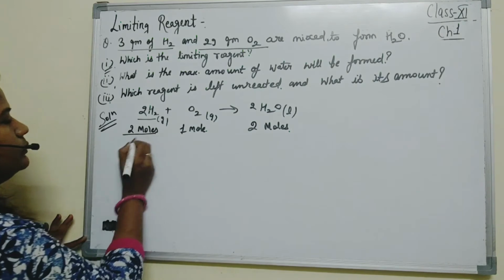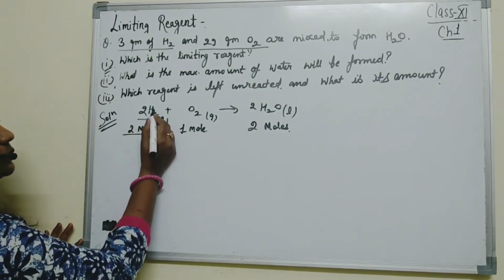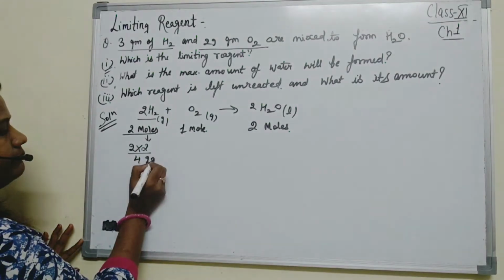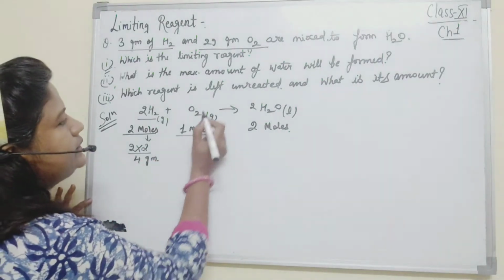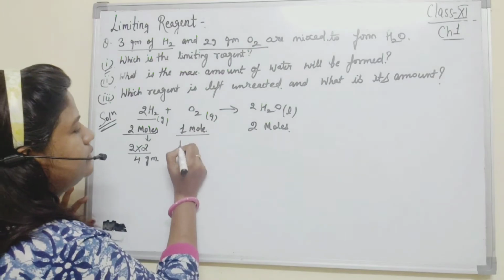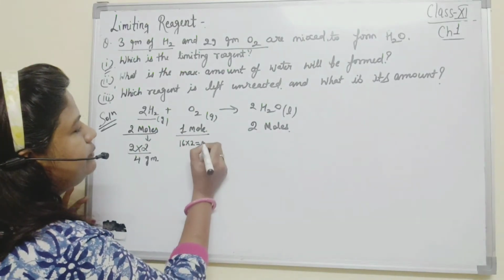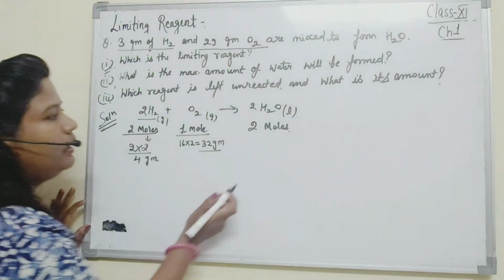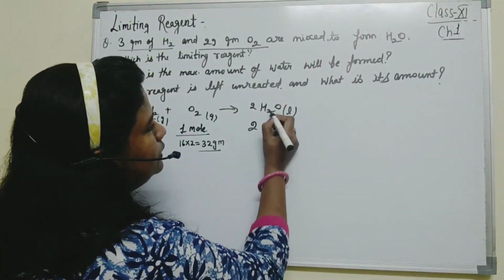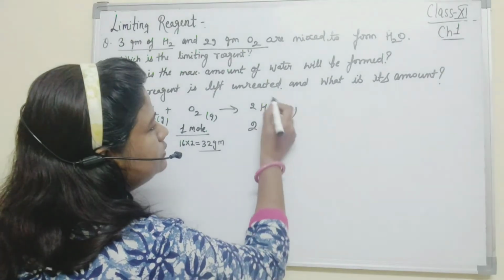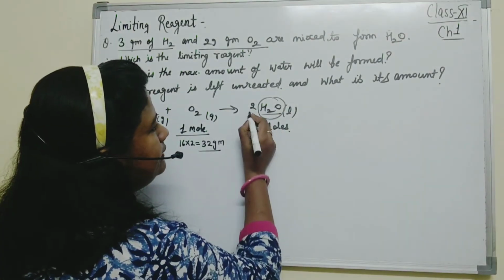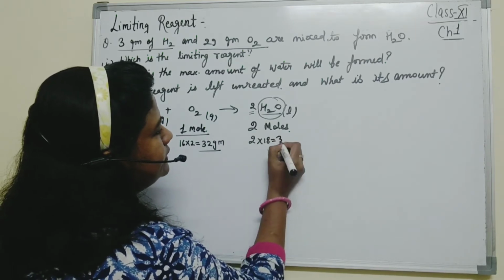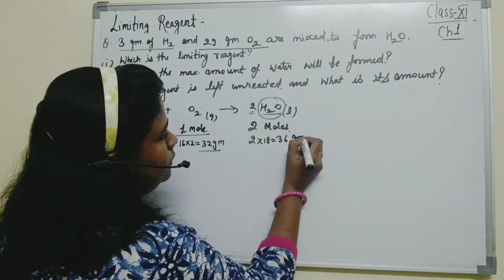Correct? 1 mole of hydrogen equals 2 gram, 2 into 2 means 4 gram. 1 mole of oxygen means 16 multiplied by 2, it means 32 gram oxygen. And 2 moles of water. The molecular mass of water is 18 gram, 2 multiplied by 18 means 36 gram water.